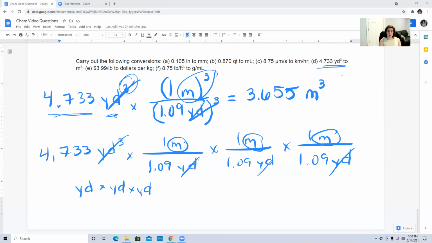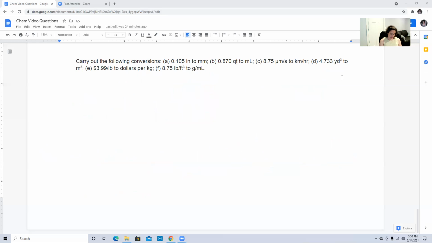Okay, so now that we've seen cubic units, we're going to do something a lot messier, which is F. In F, we're going from 8.75 pounds per cubic foot, and we're trying to get to grams per milliliter. When you have a double label, you always just start with one of them.